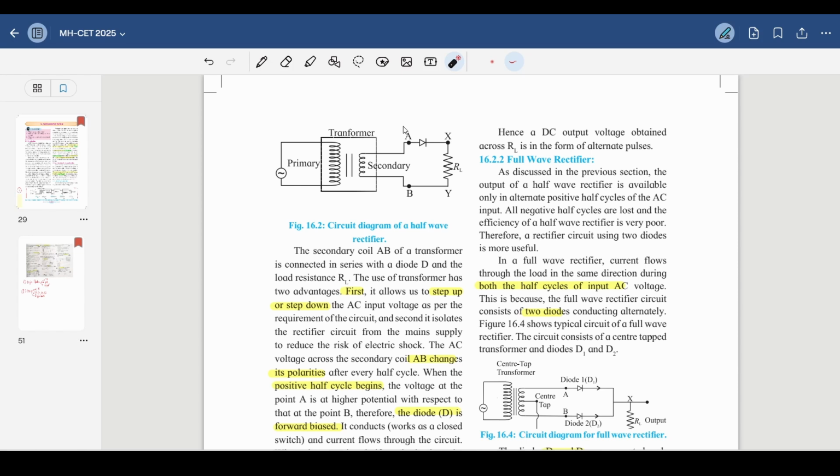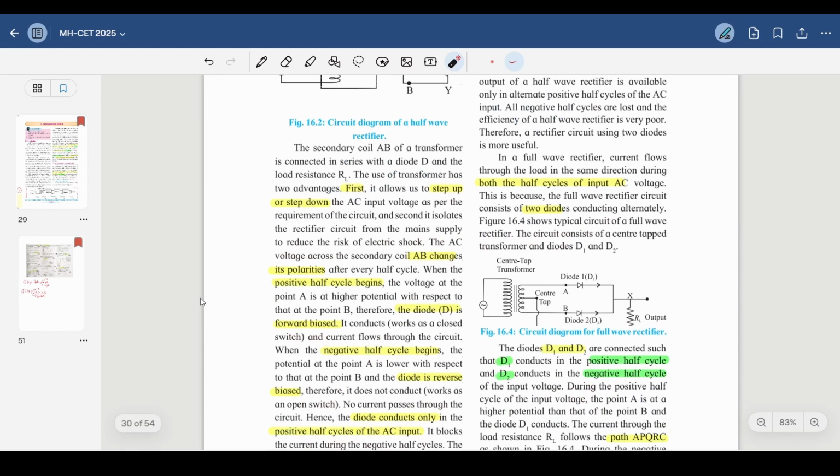Now, what will the diode do? As the positive half cycle comes forward, the diode will be forward biased. I'm sure you know the difference between forward bias and reverse bias, right? When I say forward bias, the current will flow through the diode.